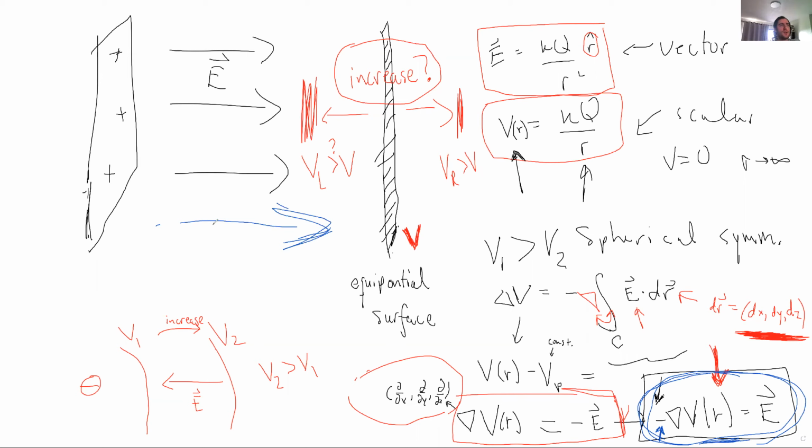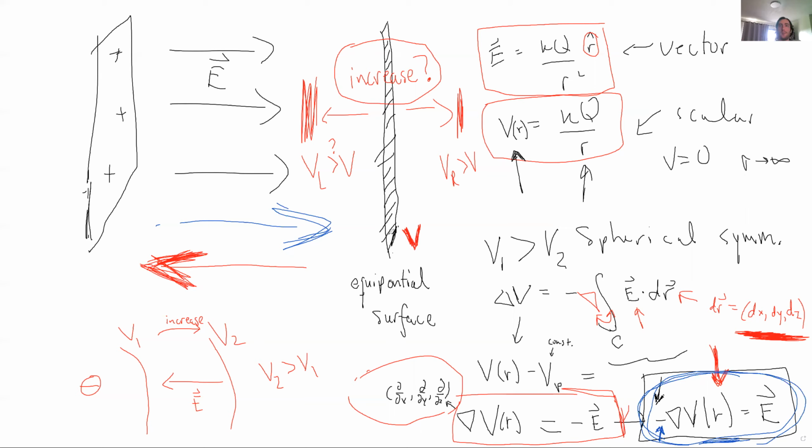What that means is that the direction that the voltage increases is opposite to the direction of the electric field. So if the electric field is pointing to the right, then that means that the potential difference increases in this direction. Okay? Electric potential difference increases in the opposite direction of the electric field. So here in this case, we have a constant field to the right, so the electric potential difference must increase moving to the left.